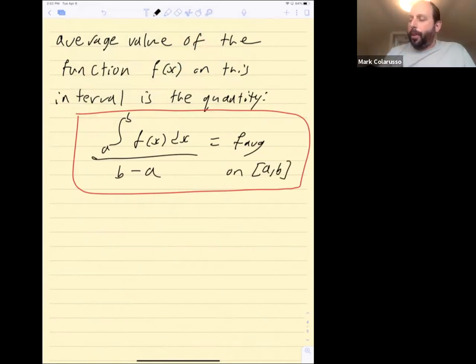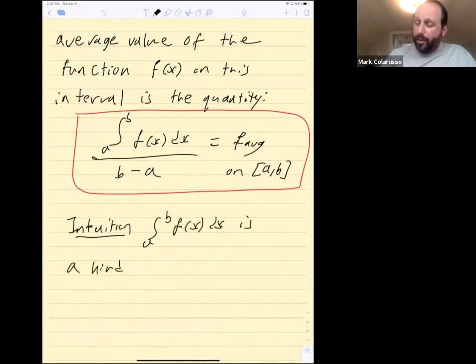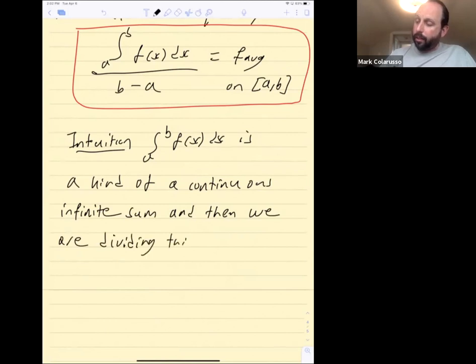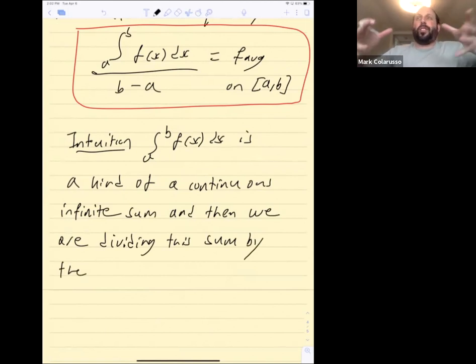The way I think about this, my intuition, is that the integral from a to b of f of x dx is a kind of continuous infinite sum. And then we are dividing this sum by the length of the interval, which plays the role of the size of your sample.